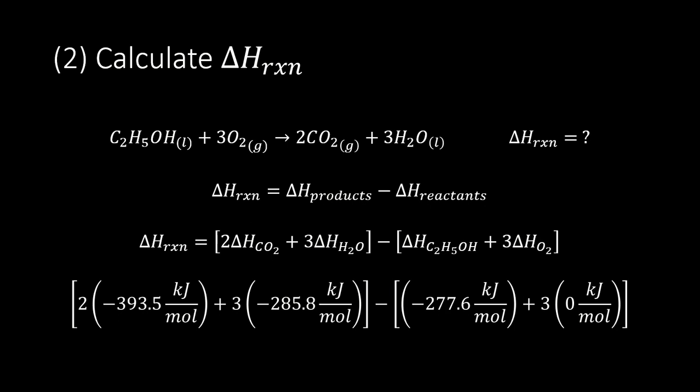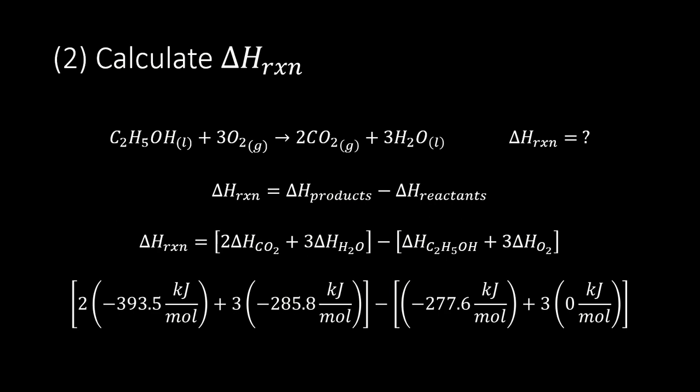Well, that's just going to be the enthalpies of the products minus the reactants, with each chemical species multiplied by their stoichiometric coefficients. In this case, the enthalpy of reaction will just be 2 times the enthalpy of CO2 in the gas state plus 3 times the heat of formation of water. And then we'll sum all of that together.